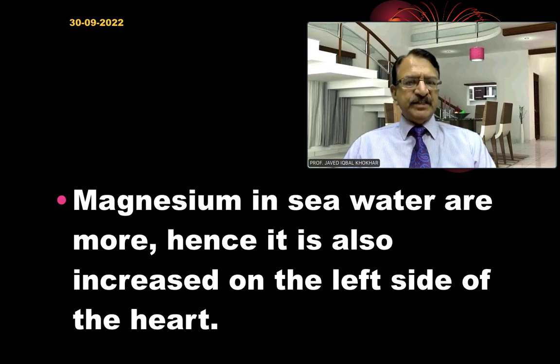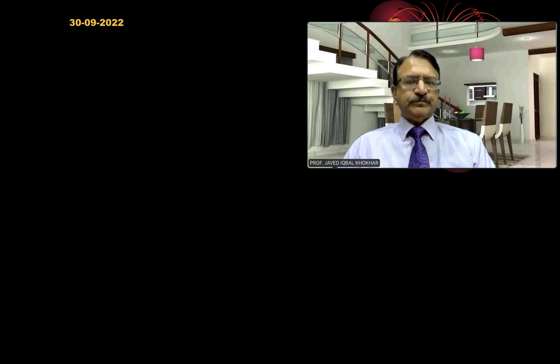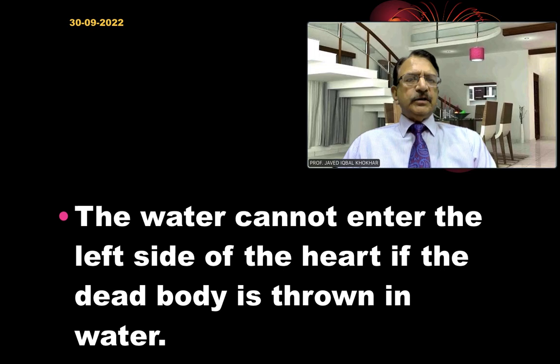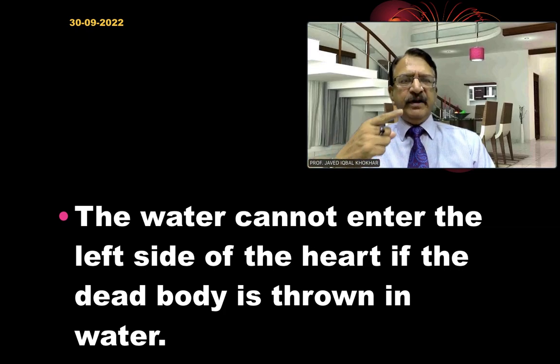Magnesium is in the seawater and it will be increased on the left side of the heart. So the water cannot reach the left side of the heart if the dead body is thrown into the water. It will only reach the left side of the heart when the person is alive and drowns, engulfing water while the circulation is patent.